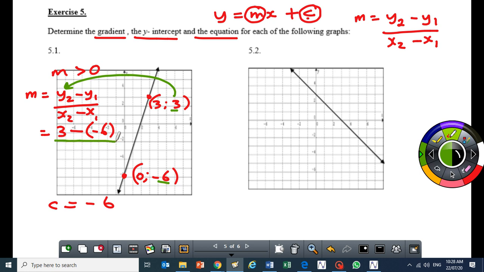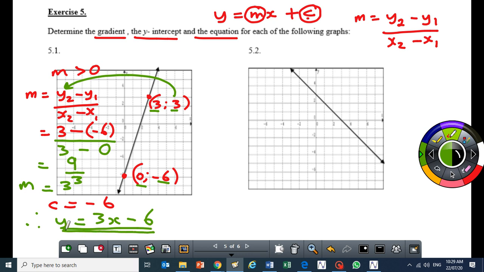For my denominator, x2 is 3, and my x1 is 0, so I'll put 0. My numerator, 3 minus minus 6, gives me 9 over 3, and my gradient m is going to be 3. Therefore, the equation is going to be y equals 3x minus 6. And then I'm done. That's your answer.